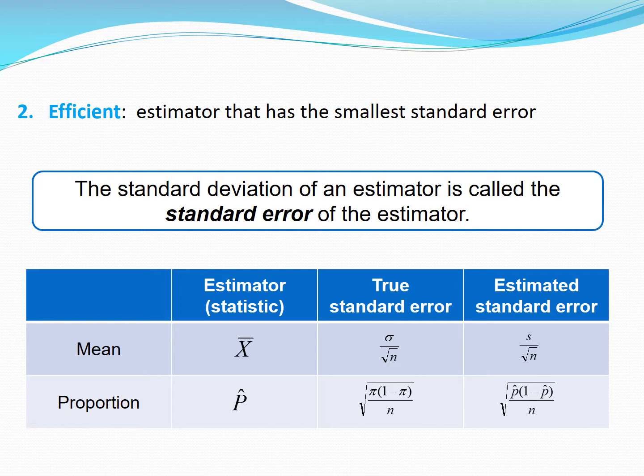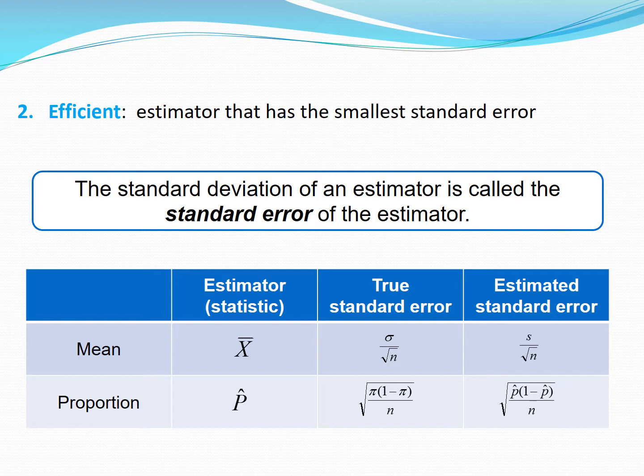And then under the central limit theorem, the standard error of our sample proportion is given by the population proportion times 1 minus the population proportion, divided by the sample size, and we take the square root of that. Or we can estimate the standard error by this.